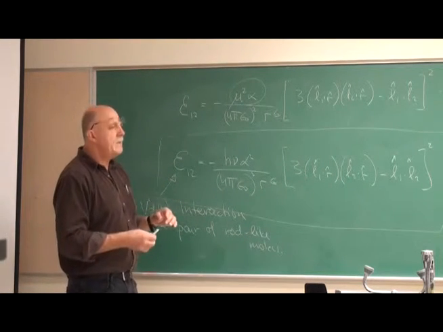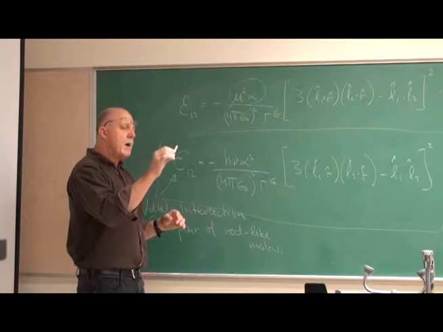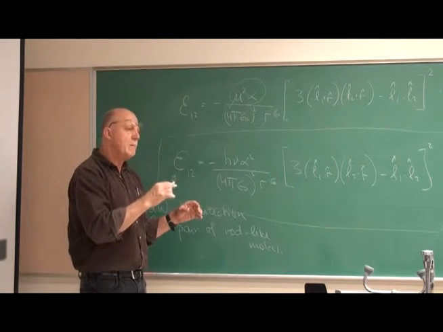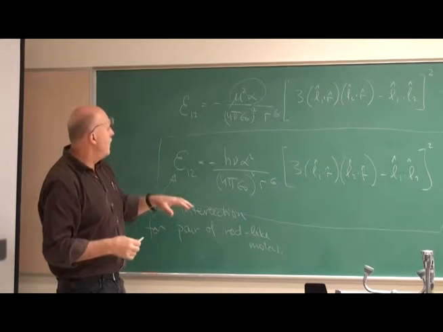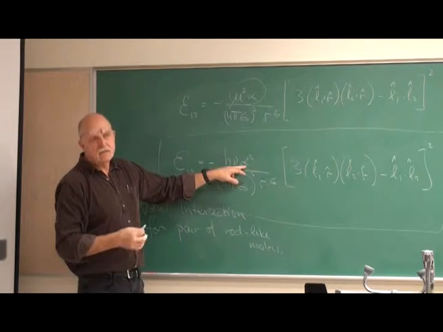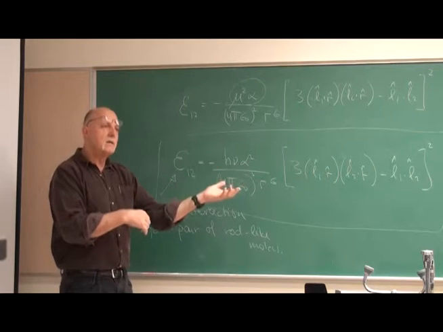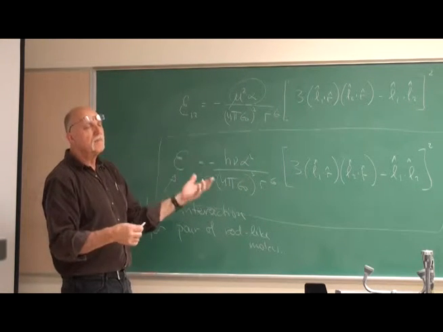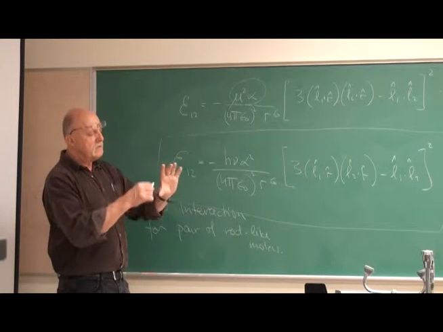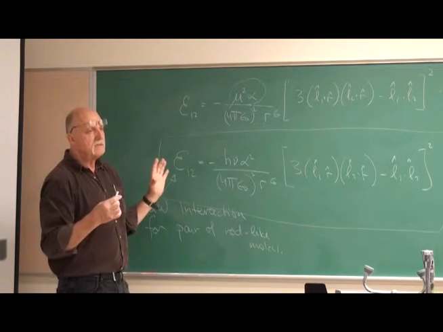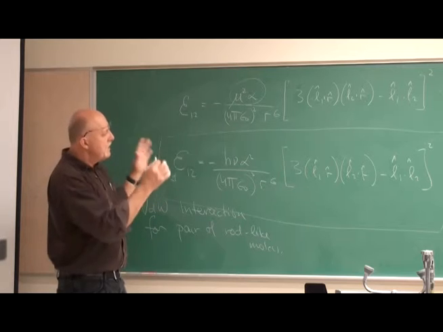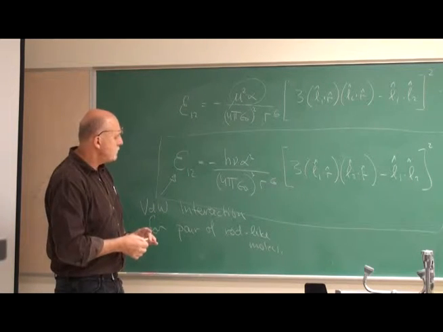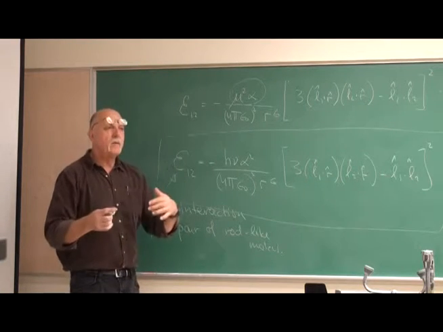A better picture would have been to take molecules which are somehow sort of ellipsoids of revolution maybe, and then we would have a more complicated description of the polarizability tensor. But we would have got a result very similar to this, but a little more complicated, because then we would allow for transverse polarizability as well. But this really captures the essential features of what happens.